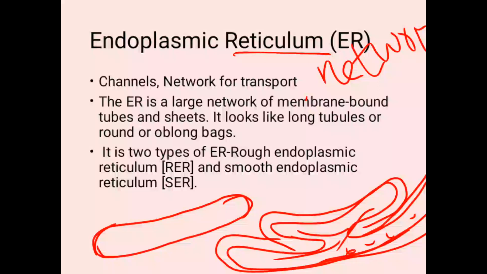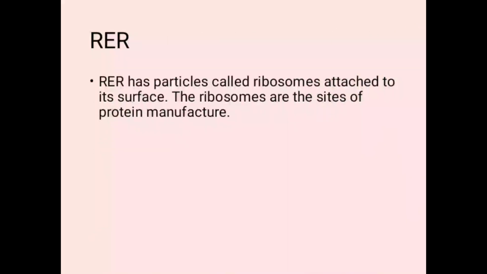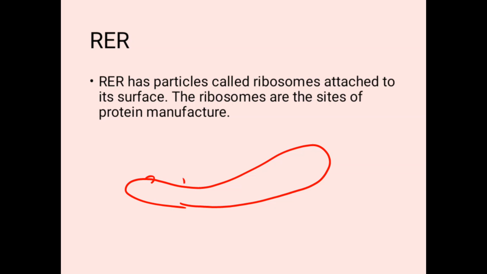What is meant by rough endoplasmic reticulum? Rough refers to the surface area being covered by some ribosomes attached on its surface. Because of it, it looks rough under the microscope.